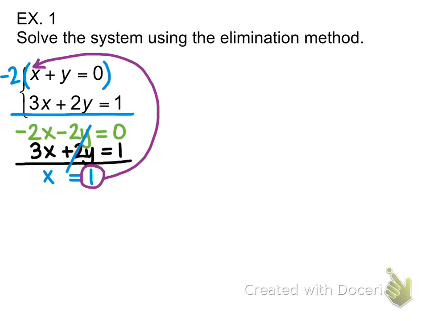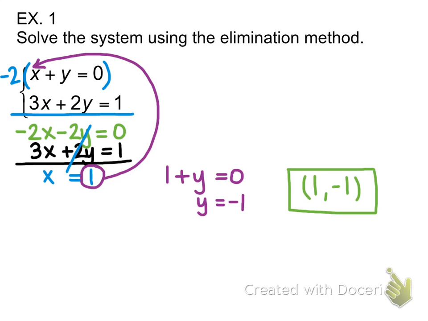So I'm going to take x equals 1 and substitute it in for the x in the very first equation. That's going to give me 1 plus y equals 0. So when I solve for y, I get y equals -1. So my solution to the system is (1, -1). If I graph these two lines, they would intersect at the point (1, -1).